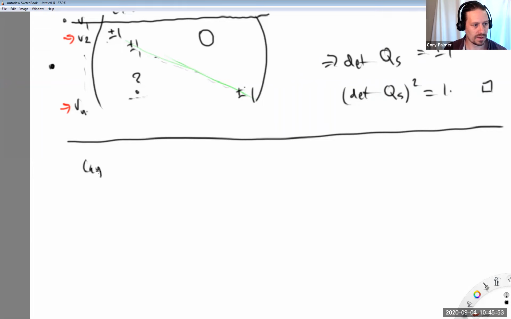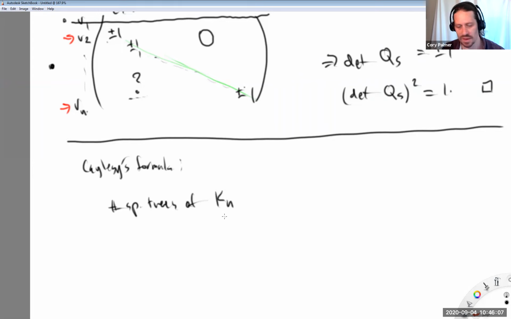So Cayley's formula says that the number of spanning trees of Kn, which we discussed is the same thing as the number of labeled trees with labels 1 up to n, should be equal to the determinant of, not the complete graph, that doesn't make sense, but this reduced Laplacian of Kn.